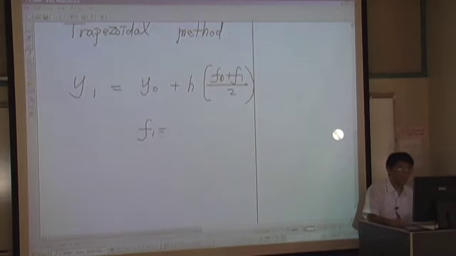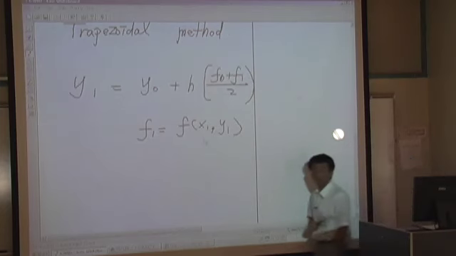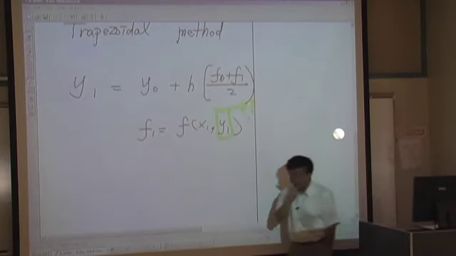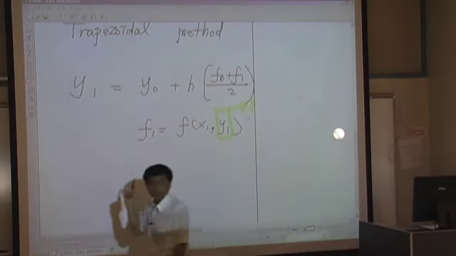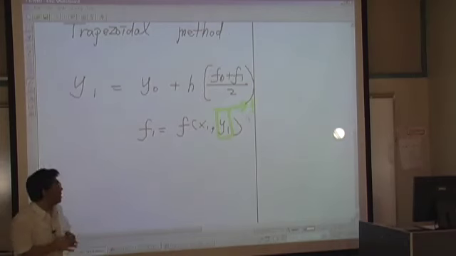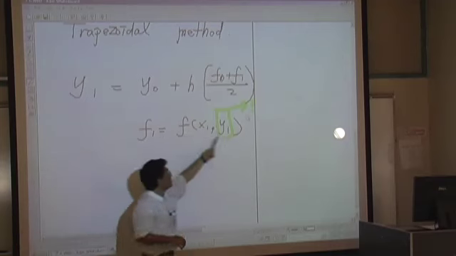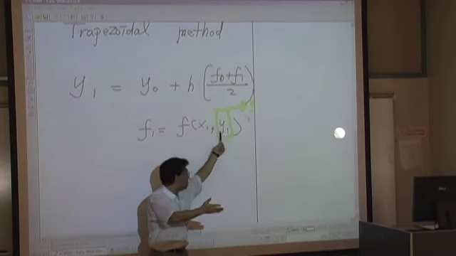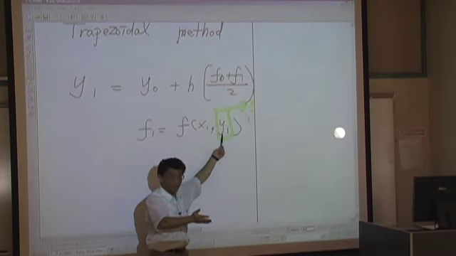F1 is F of x1 and y1. What is the problem term? y1. We don't know y1. Heun's method doesn't have y1. This has y1. So this is the similarity and the difference. Pattern-wise, they look similar, but in reality, it uses y1 in trapezoidal, while Heun's does not show y1 at all.